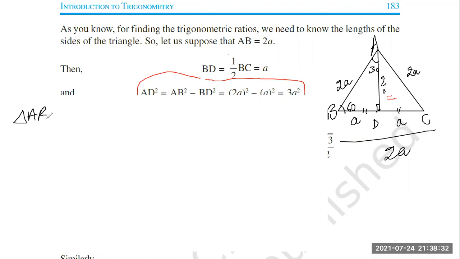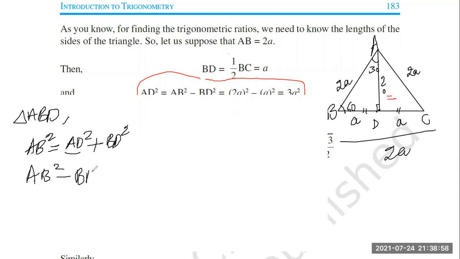In right triangle ABD we have Pythagoras theorem: AB square is equal to AD square plus BD square. This is the actual formula. अब इसमें हमें चाहिए AD, so AD को ही रहने दो, other values को other side ले जाओ. AB square minus BD square is equal to AD square.